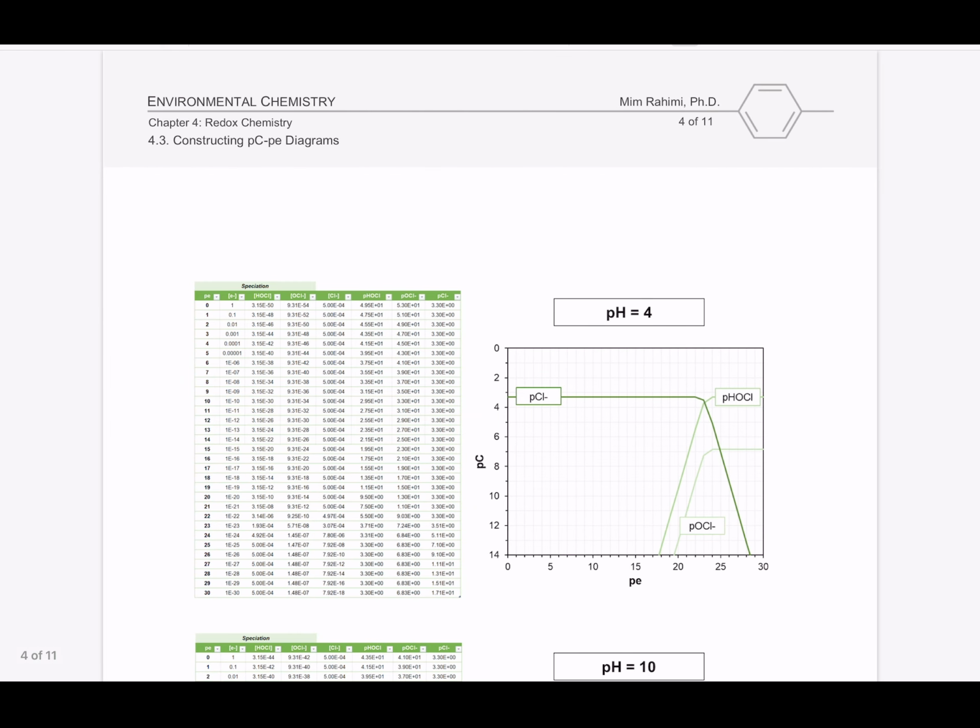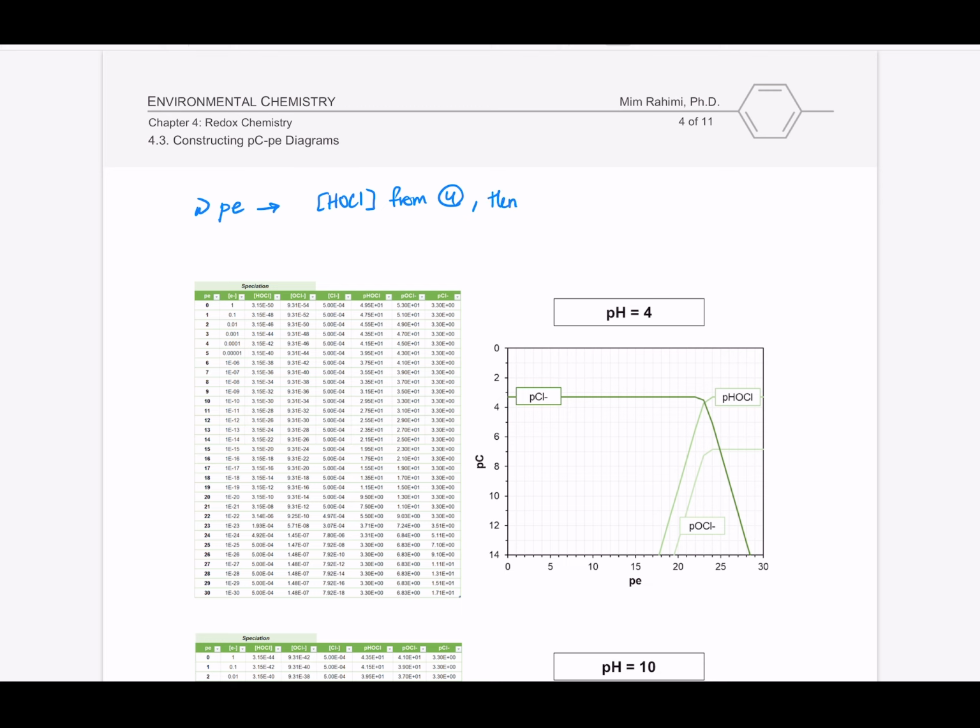Very straightforward. So what we get would be, we first calculate HOCl from 4, and this would be at each PE, or the activity of electron.